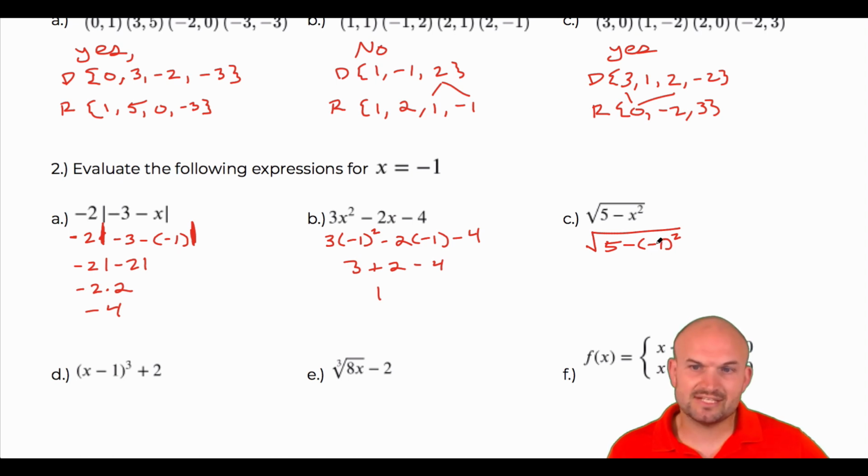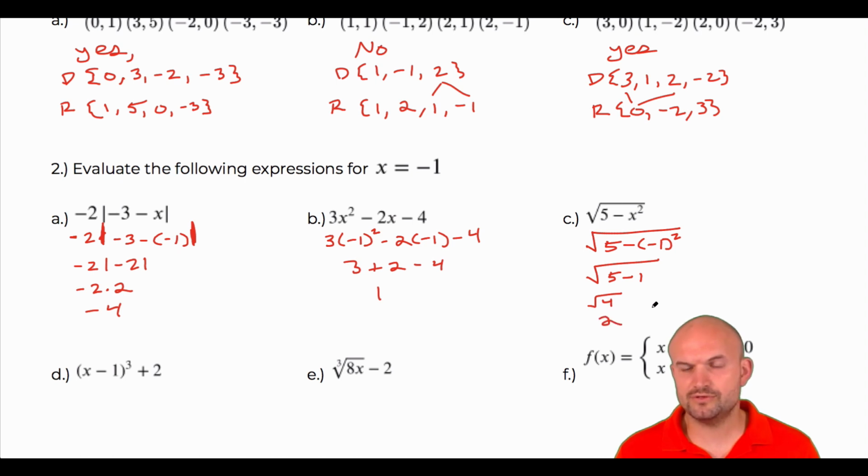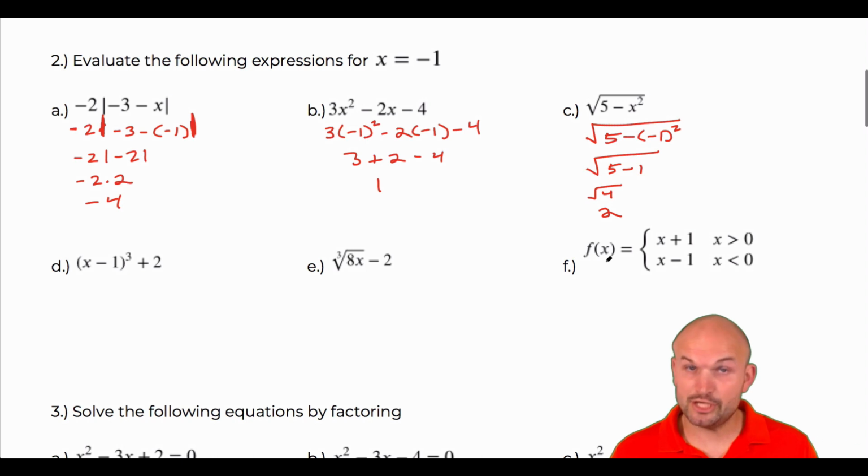So in this case, we'd have -1 squared, which is going to be a positive 1. So then 5 minus 1 is 4, so this will be the square root of 4, which is equal to positive 2.